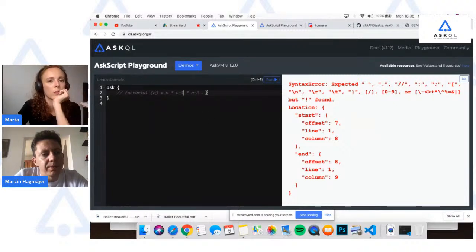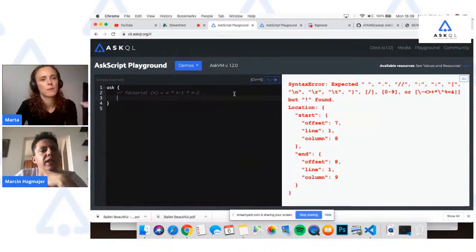So this is where I got stuck. Let's look at a certain example, how it goes down. When you have factorial 3, then you have 3 times 2 times 1, right? And then you need to stop, because if you didn't stop, then you would go times 0. That would not be good.